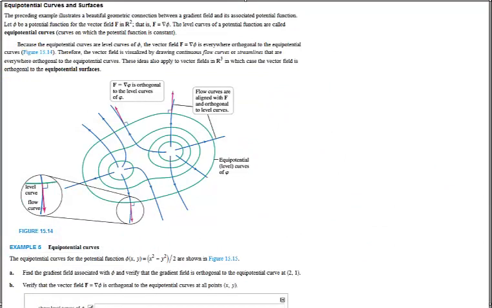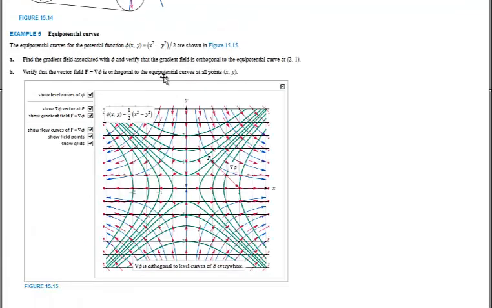Next, we're going to be looking at level curves of a potential function and their equipotential curves, and we're going to see how those relate to our equipotential surfaces. We need to find the gradient field associated with phi and verify that the gradient field is orthogonal to the equipotential curve at 2, 1.